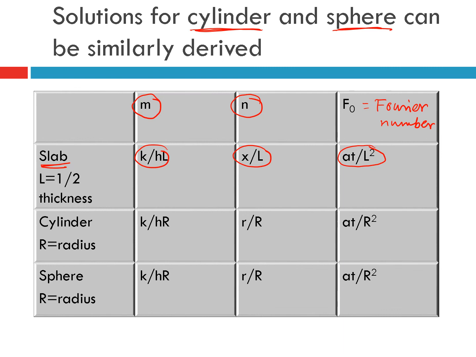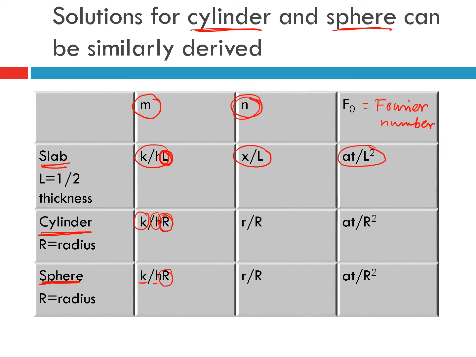The analogous quantities in cylindrical coordinates would be k, the same thermal conductivity, and h, the same h outside. The characteristic length was L here, and that's replaced by the radius of the cylinder. The same way for a sphere, it's k over hr, where r is the radius of the sphere.